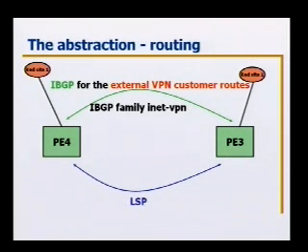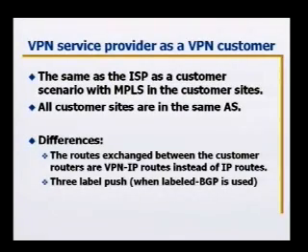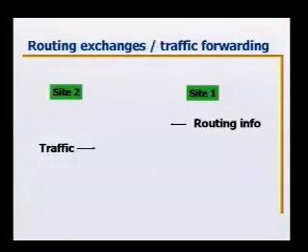Conceptually, we're going to have an IBGP session for the external VPN customer routes, and we're going to have an LSP between the two remote PEs. This is exactly the same picture as the ISP as the customer scenario with MPLS in the customer sites. The differences are that we're exchanging VPN-IP routes instead of plain IP routes, and this will eventually require us to do a 3-label push when using labeled BGP.